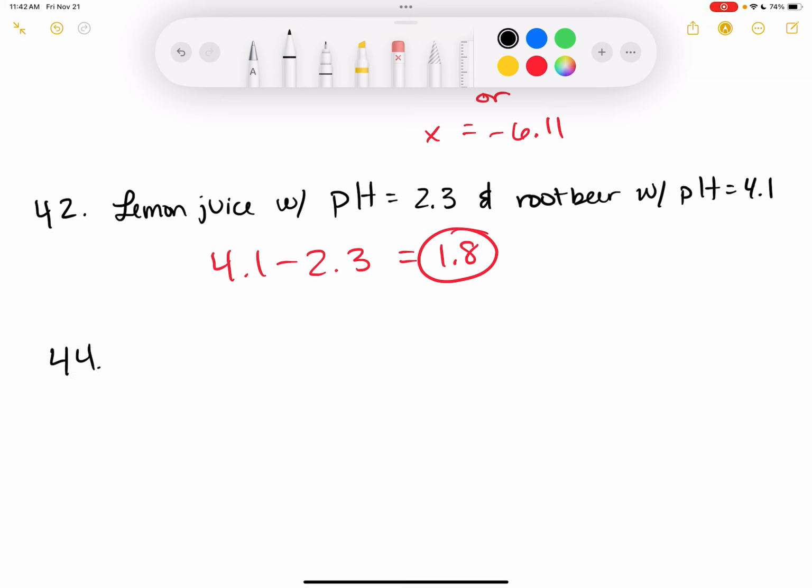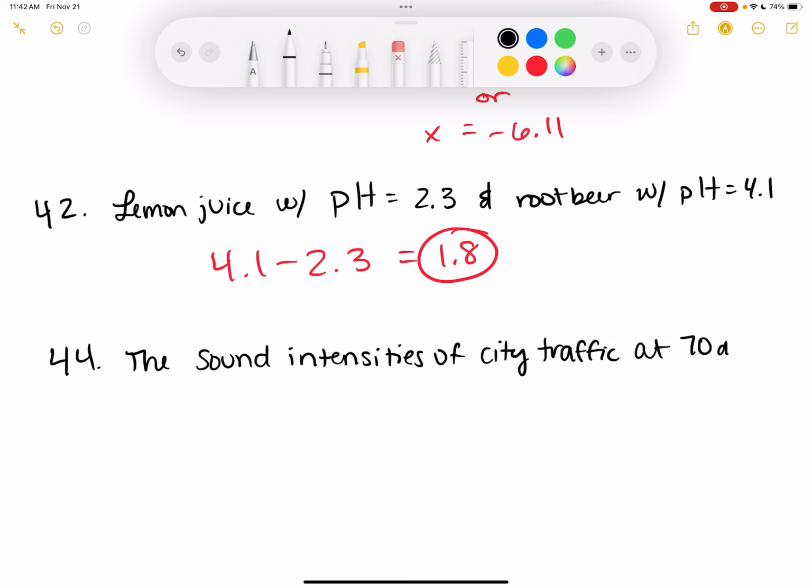So 44, the sound intensities of city traffic at 70 decibels, dB, that's what it means, decibels, and the rustling leaves at 10 decibels.